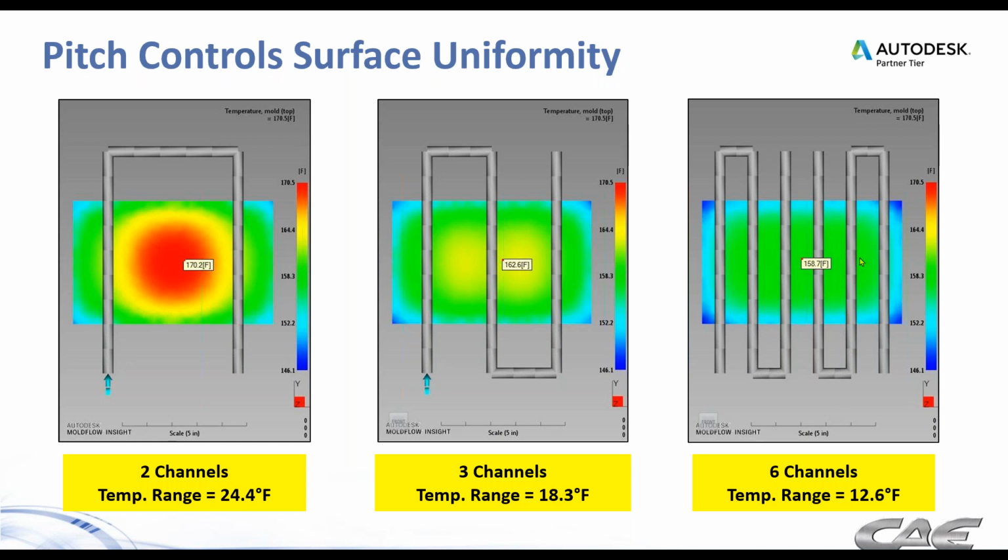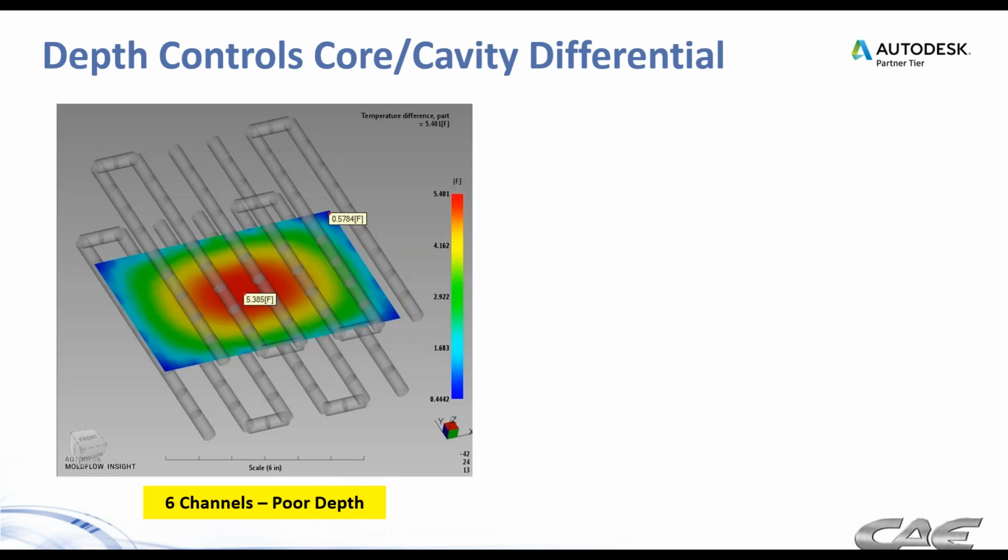And then we add more channels and we see that temperature variation reduced. So you can see just by relatively small changes to the cooling design, we're able to achieve more uniform temperatures, and that's what we're after. So that's pitch, that's distance between cooling channels and the number of channels.